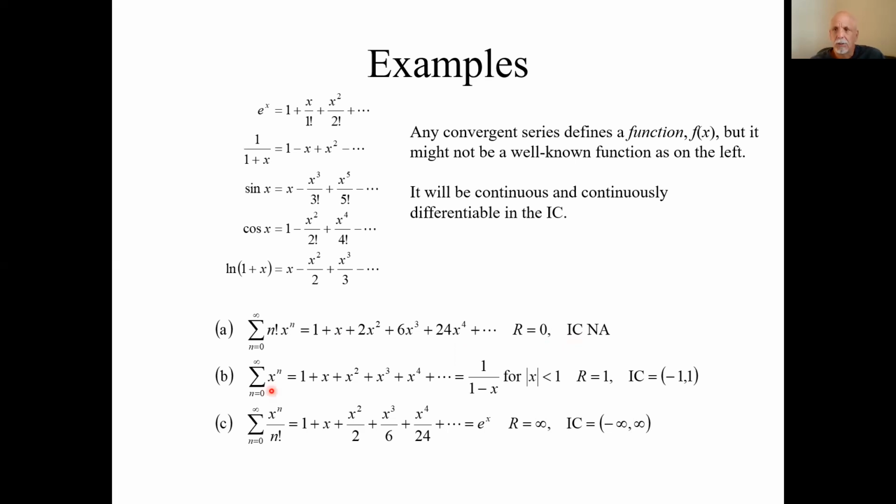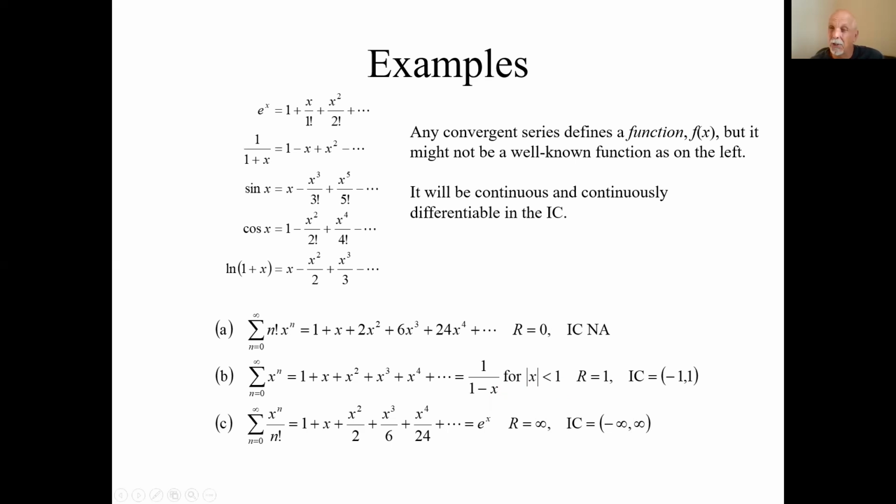Here's another example, just simply the sum of x to the n. Wrote it out, it would look like this. And I believe I could convince you that it converges. Well, this infinite sum is this ratio. And it will converge for x's where the absolute value of x is less than 1.